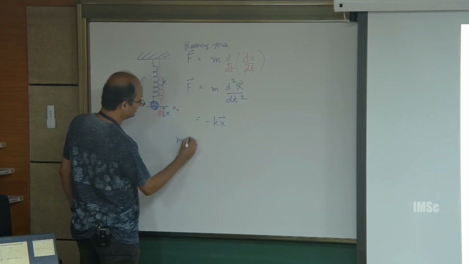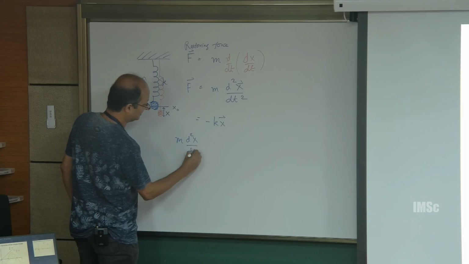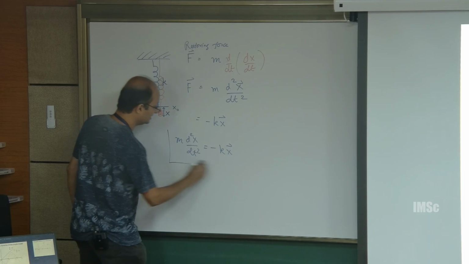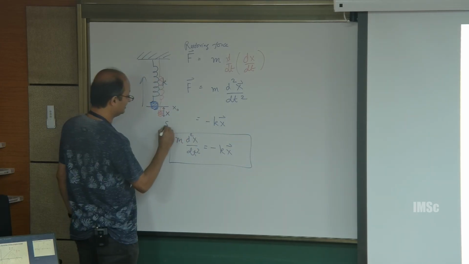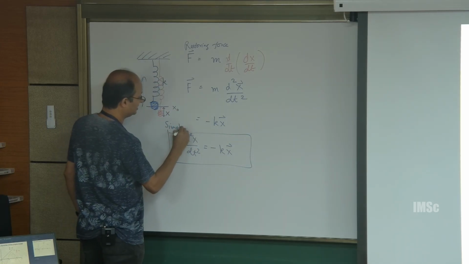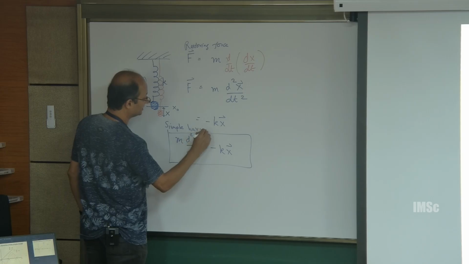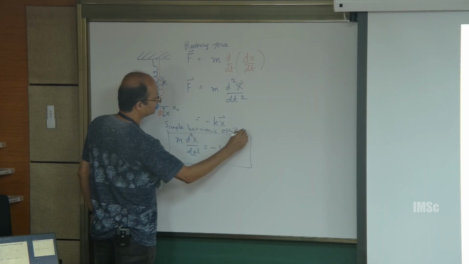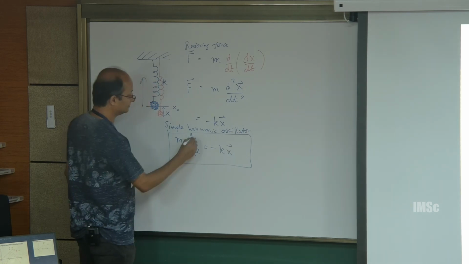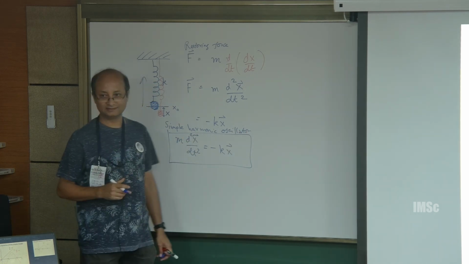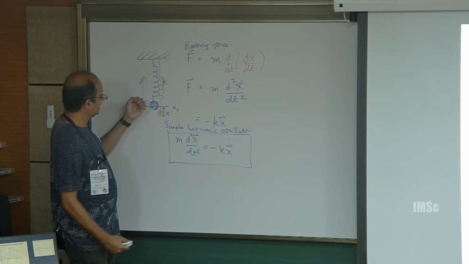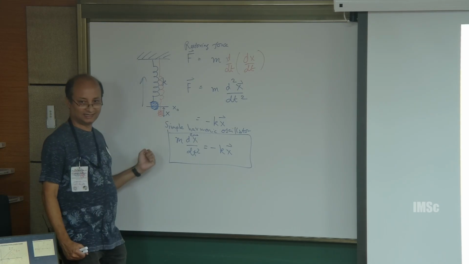So, therefore, I can write it as, okay. So this is my simple harmonic oscillator. x is a displacement, right? So in my convention, this is positive and that is negative.